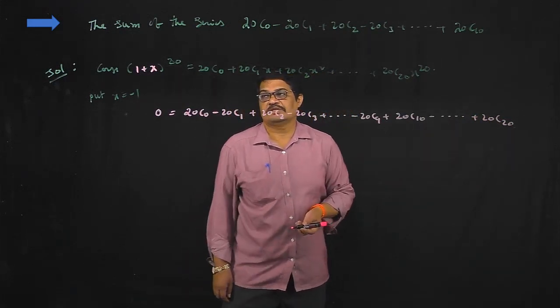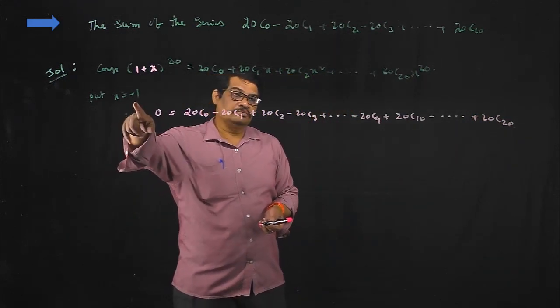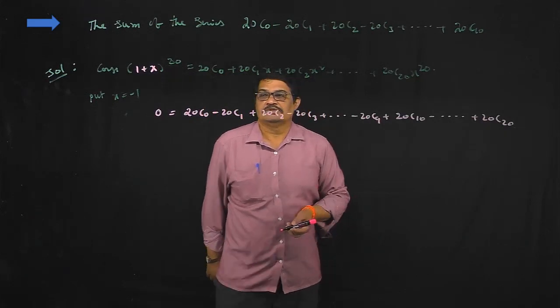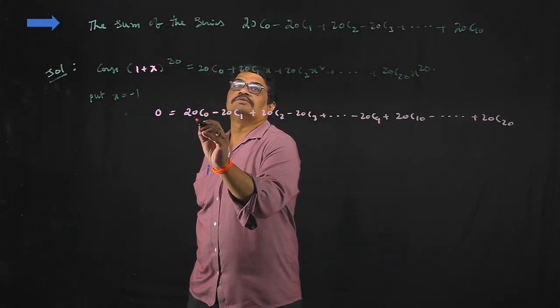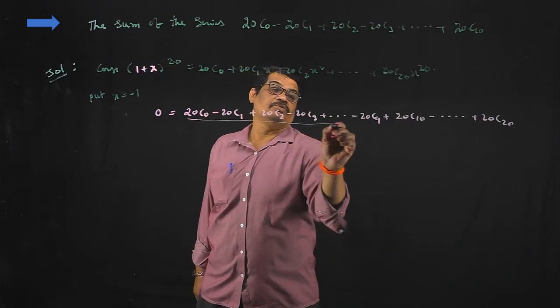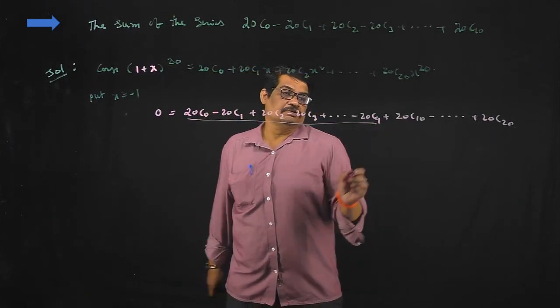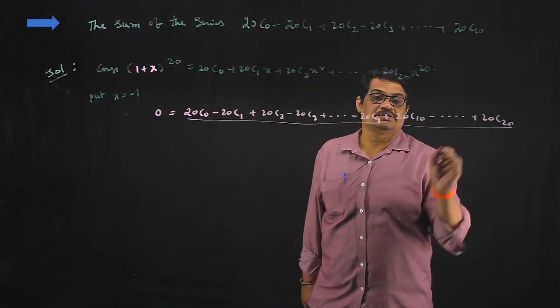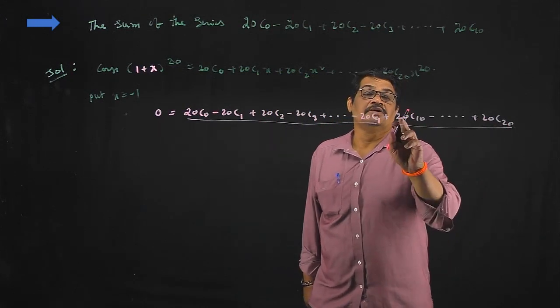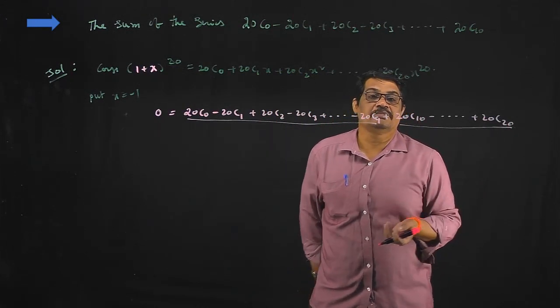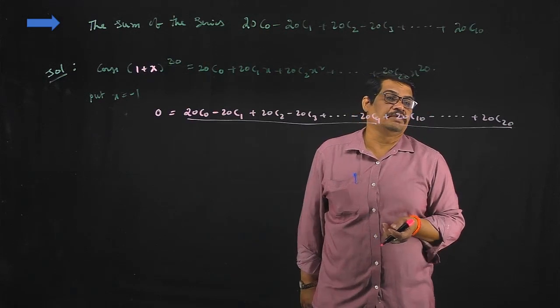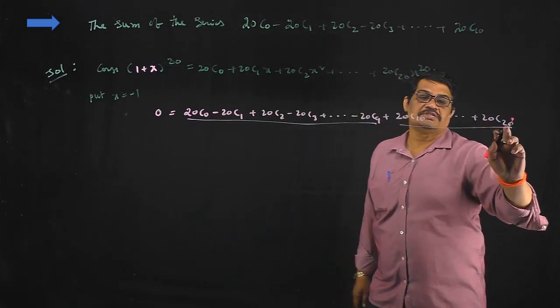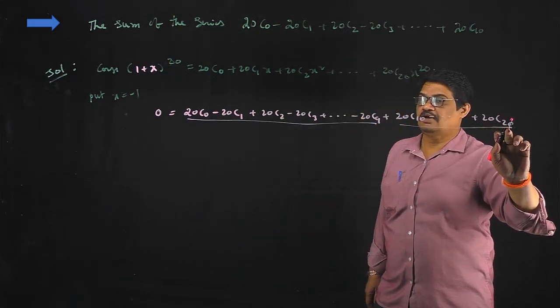In that expansion, putting x is equal to minus 1, we get this series. Among the last terms, we write 20C10, that is nothing but 20C10, and 20C20, that is 20C0.